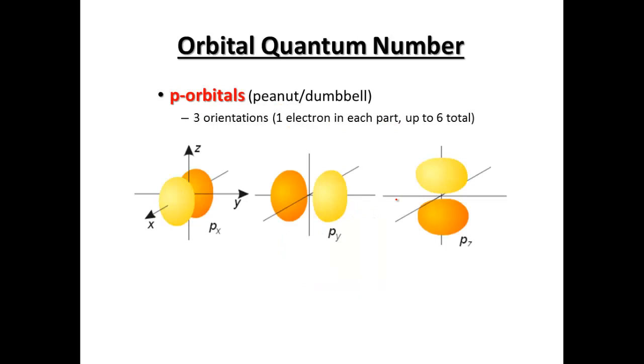Our second orbitals are going to be known as the p orbitals. The p orbitals are going to be known as our peanut or dumbbell shaped orbitals. Their orientations, or the way they're set up, is that along the x axis we've got our two lobes.